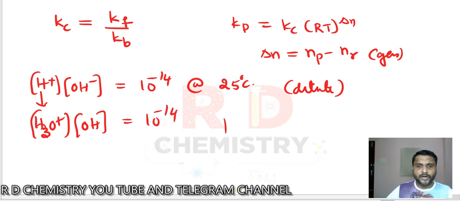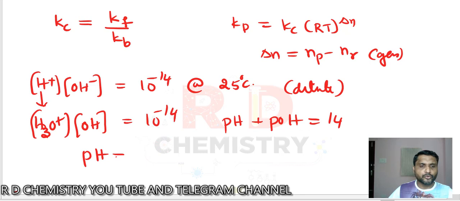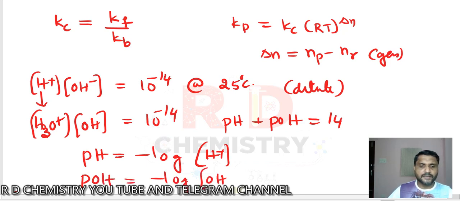From this we have pH plus pOH equal to 14 at 25 degrees centigrade. pH is minus log of H plus concentration, and similarly pOH is minus log of OH minus concentration.